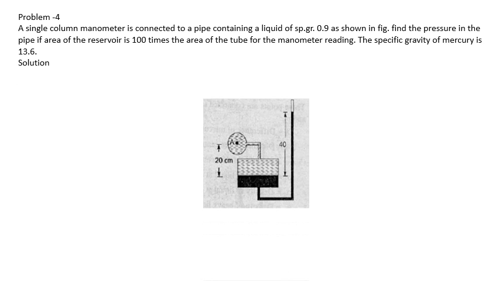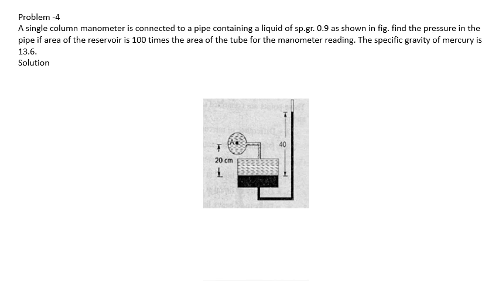So this numerical is connected to single column manometer. So there is a reservoir, and that reservoir is filled with the heavier or dense liquid. There is mercury, and through a pipe, the fluid of specific gravity 0.9 is flowing. Then the area of the reservoir is 100 times the area of the tube.